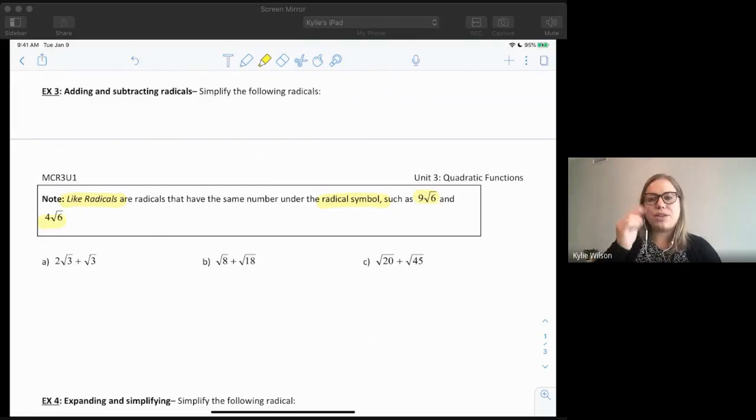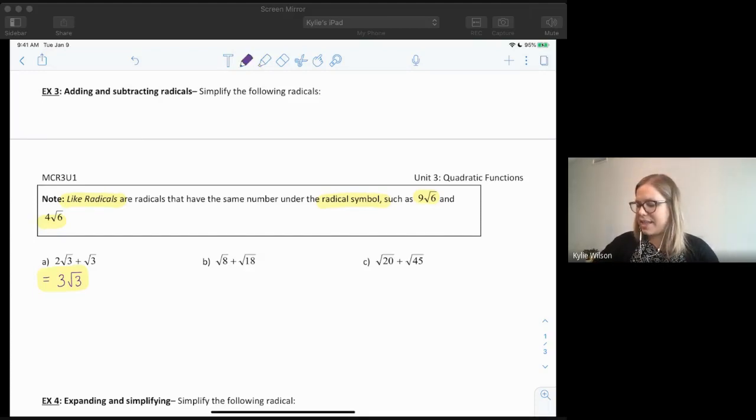So you know when you've done your distribution and then you collect all the things that have x's or all of the x squareds? Similarly, you can do that with radicals. So for example, here I have 2 root 3's and 1 root 3. So in total, I have 3 root 3's like that. So we're going to treat it just like collecting like terms normally.